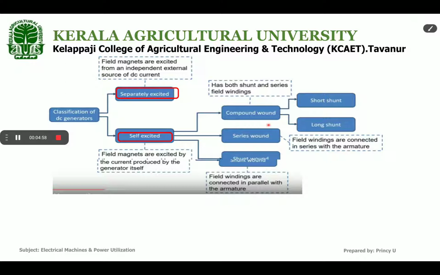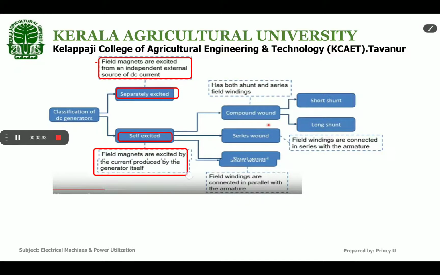We do not take the current from our generator; instead an external DC source is connected to supply current to the field winding. That is why it is called a separately excited DC generator. That means the field magnets are excited from an independent external source of DC current.